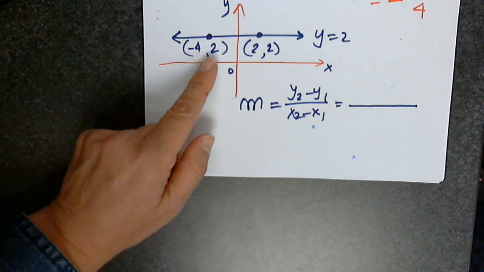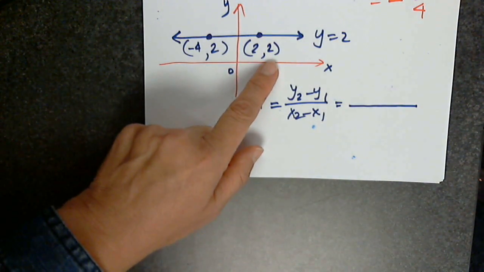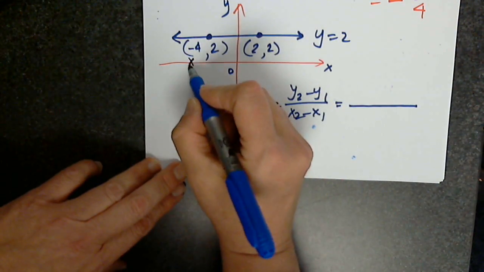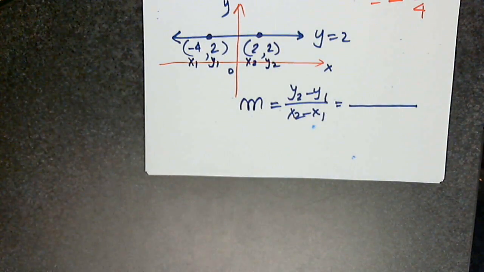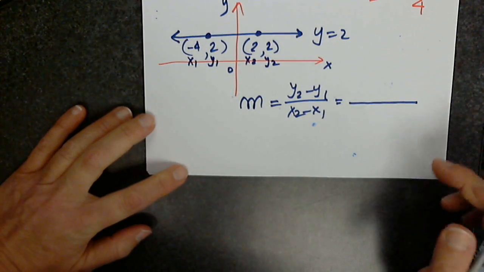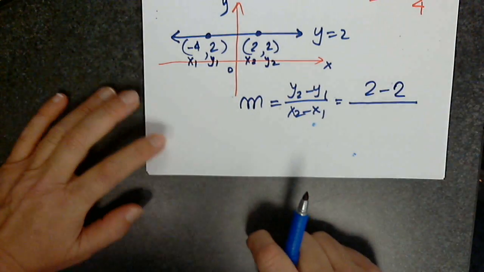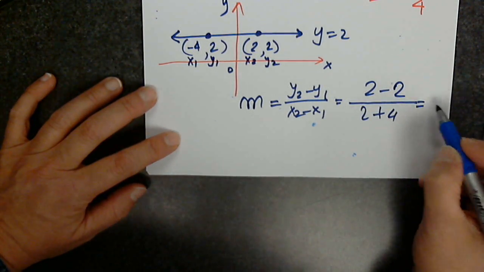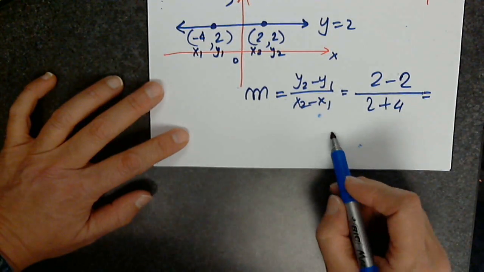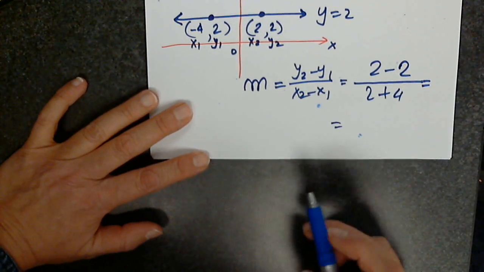This is your x1, y1. This is your x2, y2. You can label them if you want to. Dictate and I will put it in. Very good. 2 plus 4. Very good. So what is the top? 2.